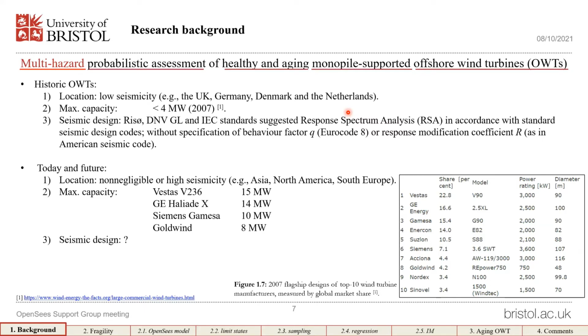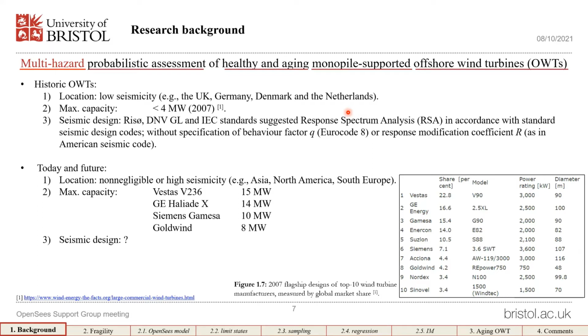Besides, even if the wind turbine is designed to be fully elastic during its entire service time, the response spectrum analysis method might still be insufficient because it does not have the ability to consider any of the dynamics that happen above the supporting tower of the wind turbine.